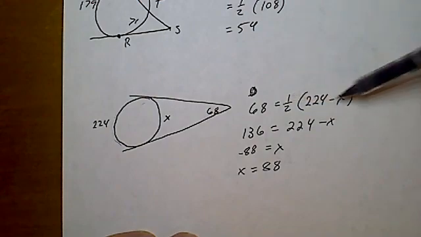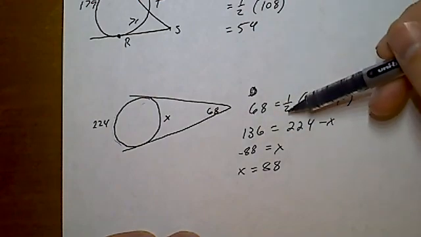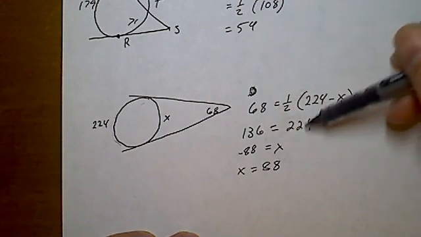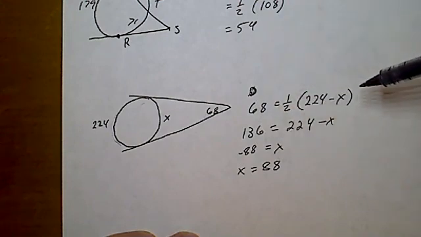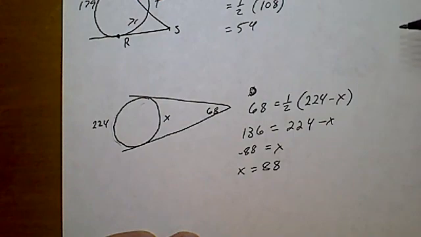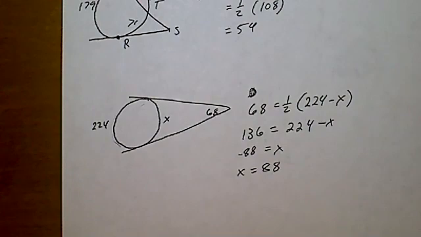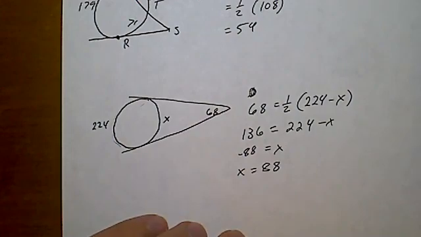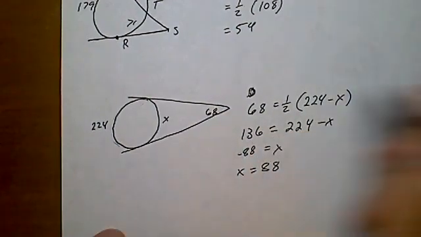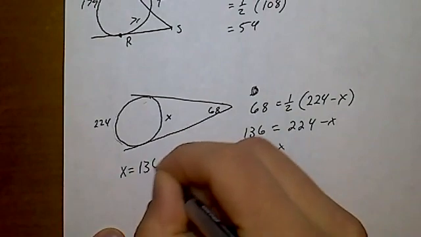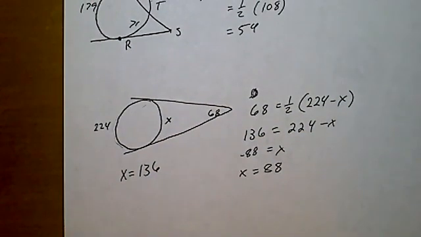1/2 224 minus X. That looks right. Multiply by 2, and then we would subtract 224. The problem is that X should definitely be 136.